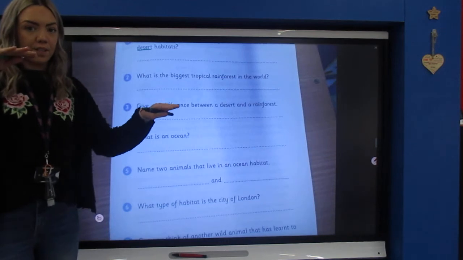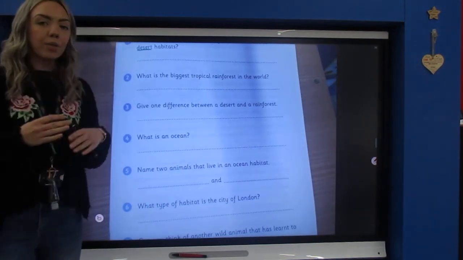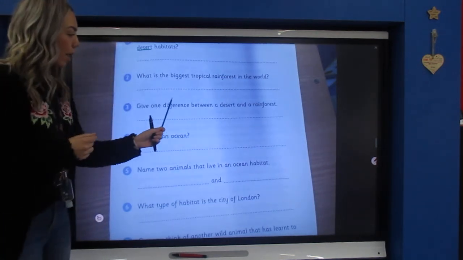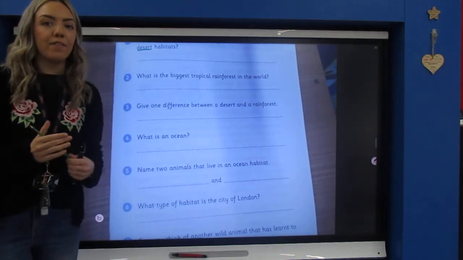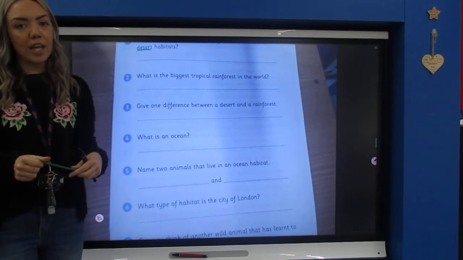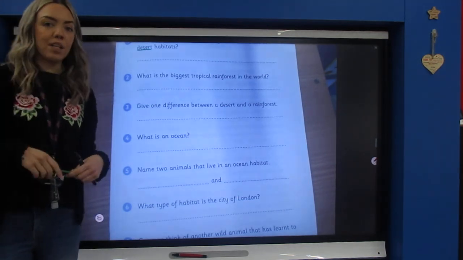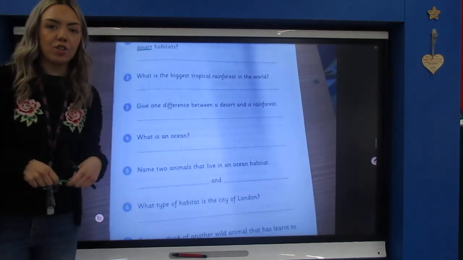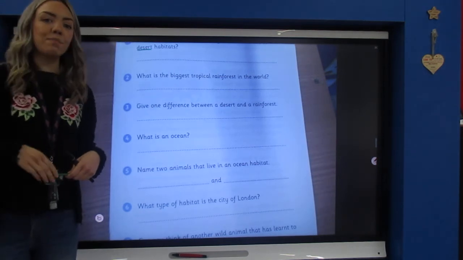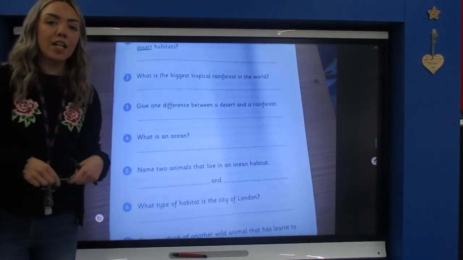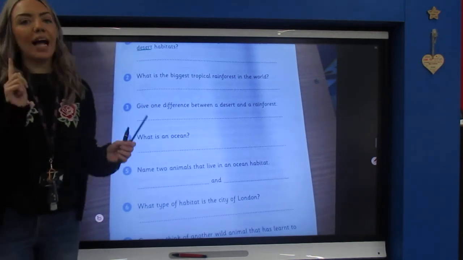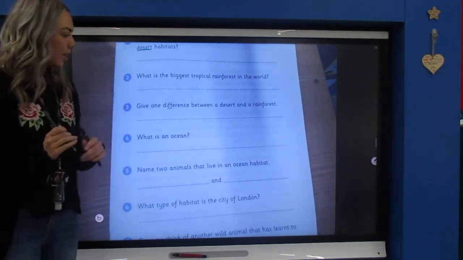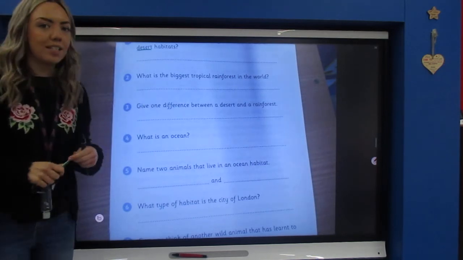What is the difference? Okay? That's how you would talk about the difference. So if the question was, tell me a difference between Miss Evans and Miss James, you could say, Miss James is taller, Miss Evans is shorter. Miss James has blonde hair, Miss Evans has brown hair. Okay? So thinking about something that's not the same. So the word there is difference.